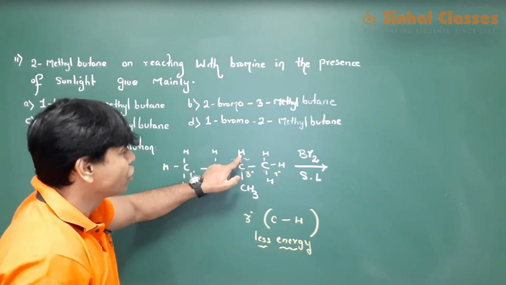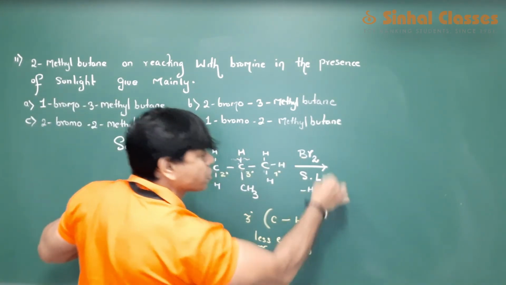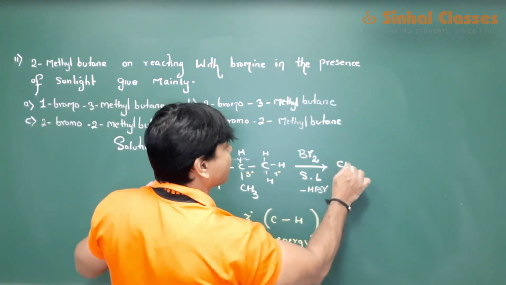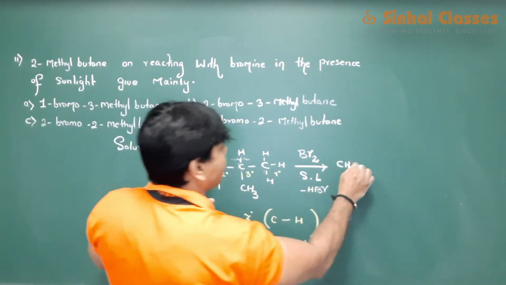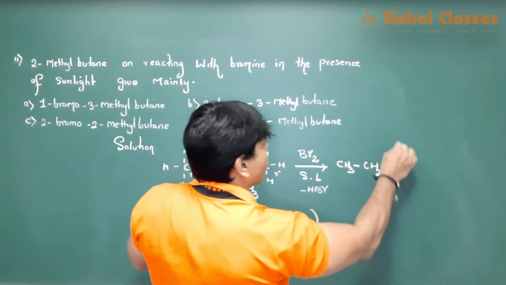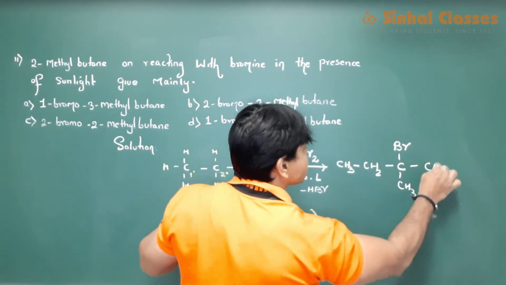One H will combine with Br and go out as HBr, and the next Br will come and join here. So the product obtained will be CH3, CH2, C with Br on top, CH3, CH3.